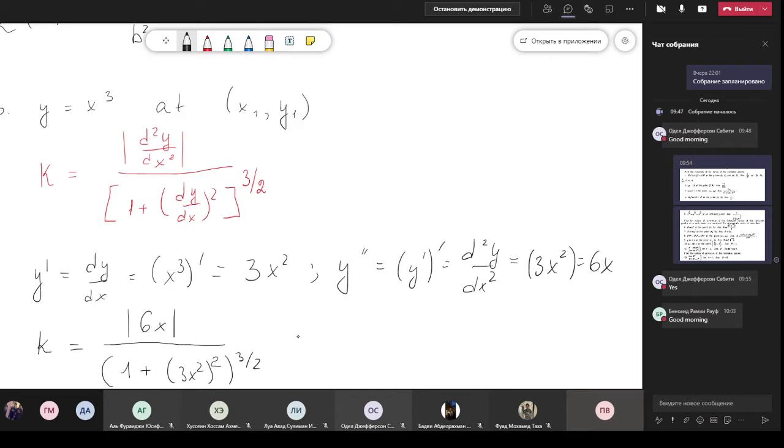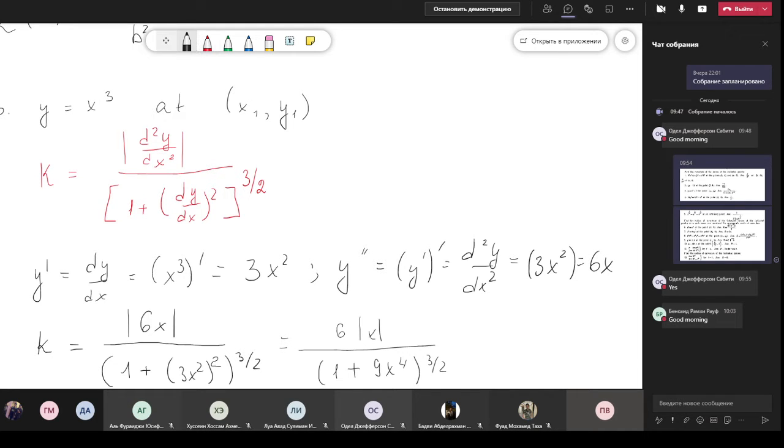Good. Equals 6 modulus of x over 1 plus, then 3 squared is 9, 9x squared squared, x to the power of 4, and power 3 over 2.